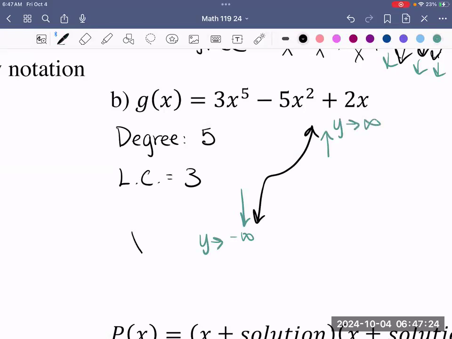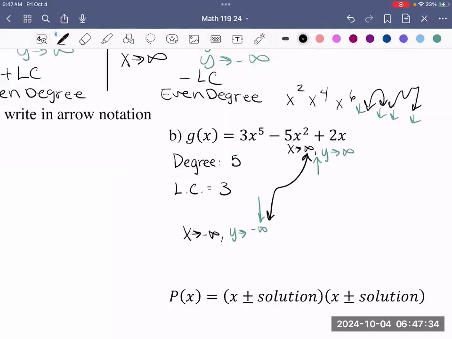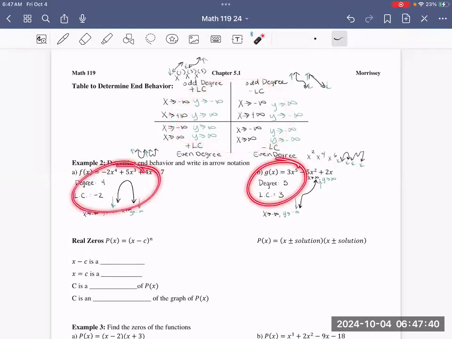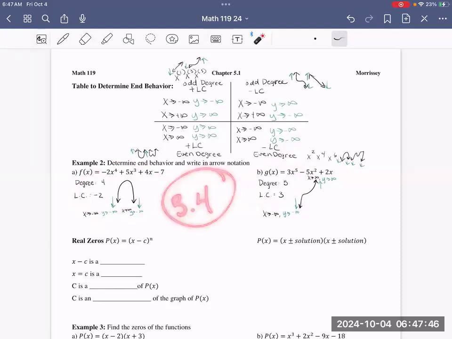To the right-hand side, we have x goes to negative infinity, y goes to negative infinity. And as x goes to positive infinity, y is going to positive infinity. The more practice that you get, the easier this will come. Again, this really comes from understanding the patterns that your graphs have. So you might need to go back to 3.4 to talk about patterns.